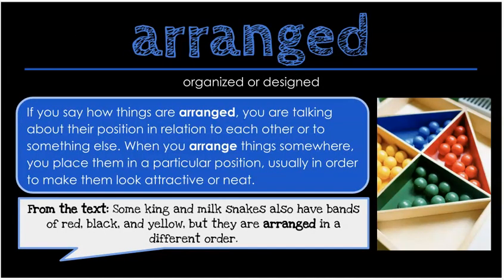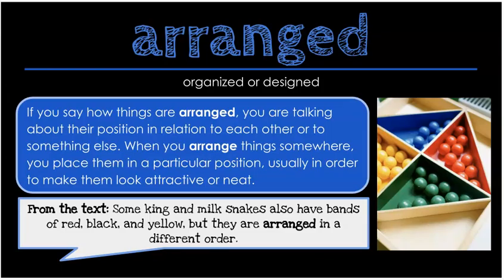Our next word is arranged. Say arranged. According to the text, arranged means organized or designed. If you say how things are arranged, you are talking about their position in relation to each other or to something else.